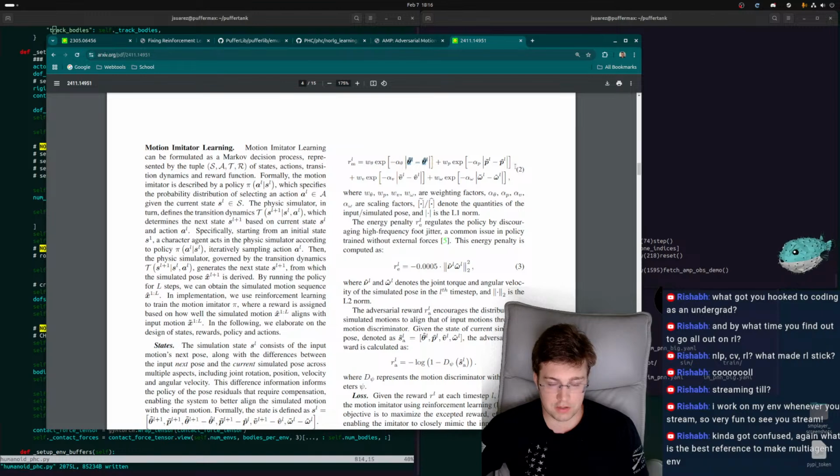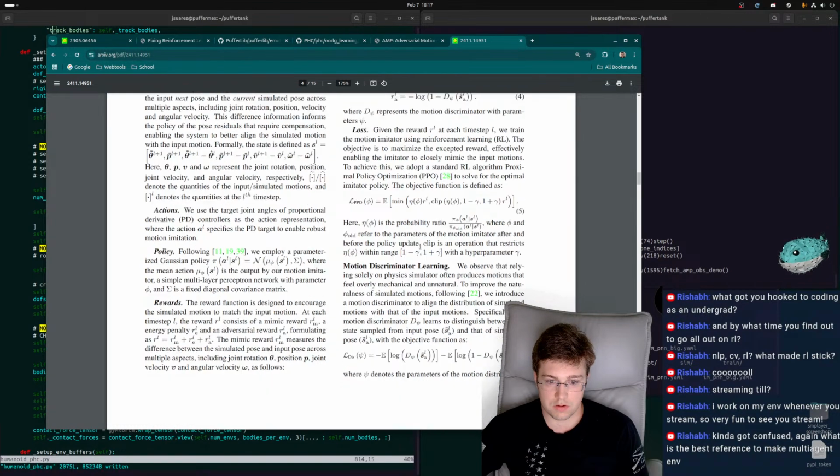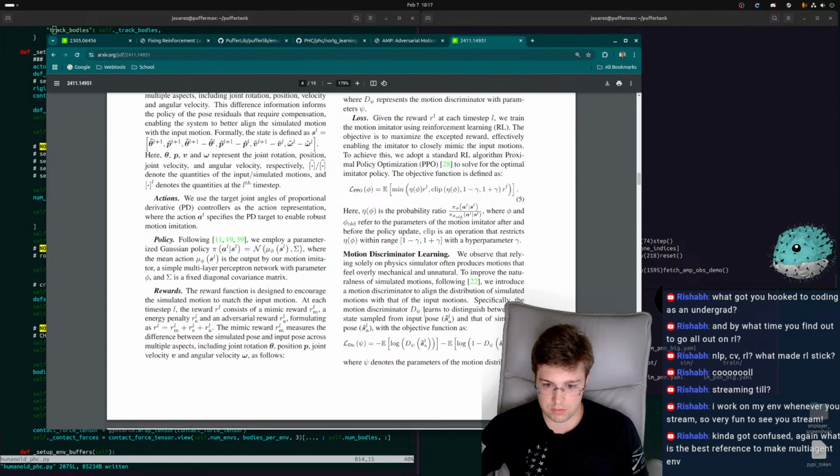So this is done in the environment, right? But what I don't understand is it looks like you're loading data twice for some reason. Motion discriminator. Okay, so this is not right here.